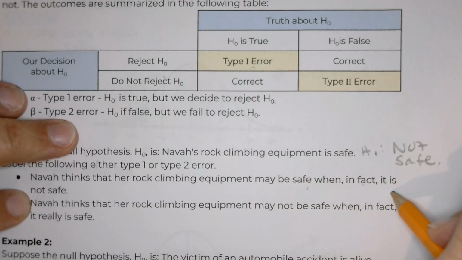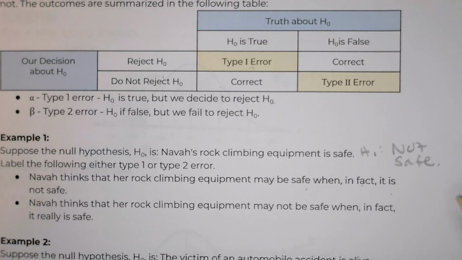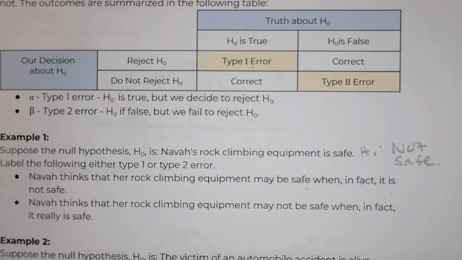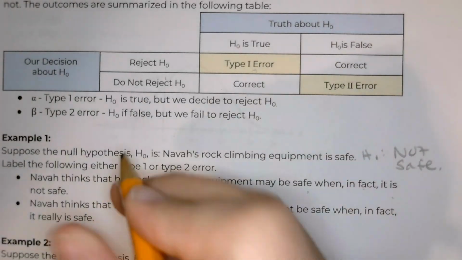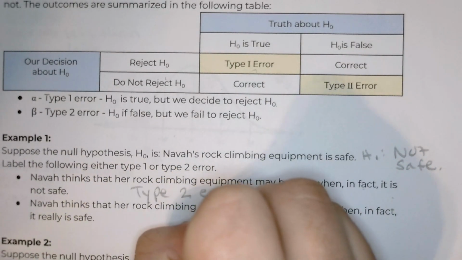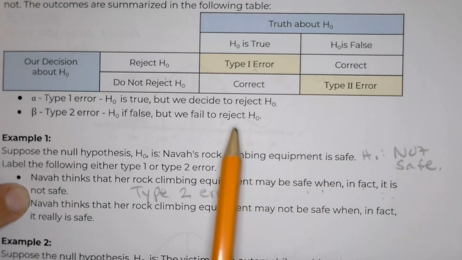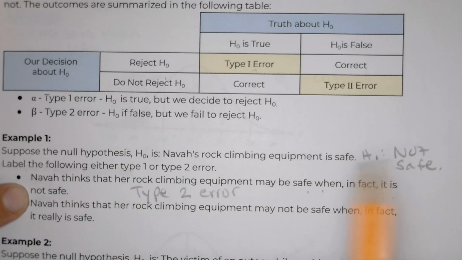That is a type 2 error. Okay, because she failed to reject it, and it was not safe, right? So that follows this pattern right here.